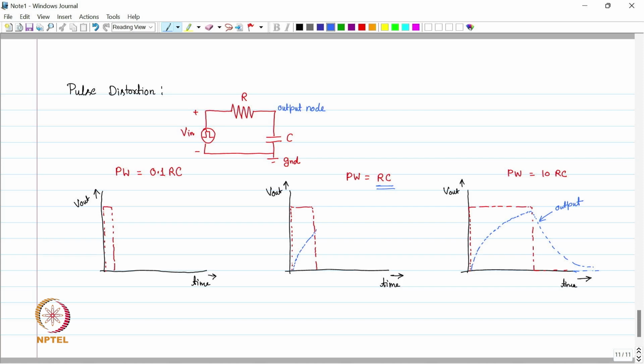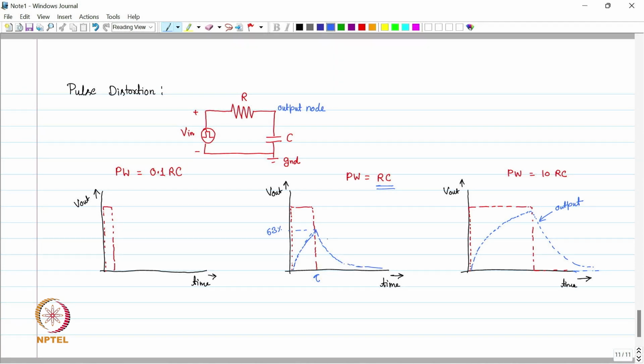It will rise to 63% of the full value, and by reaching this it will take time t, which is equal to the pulse width. When it reaches 63%, the input will again be coming back to ground. It means this will again come down here and it will start discharging.